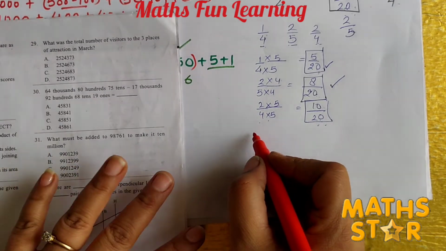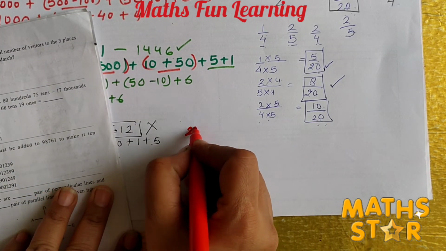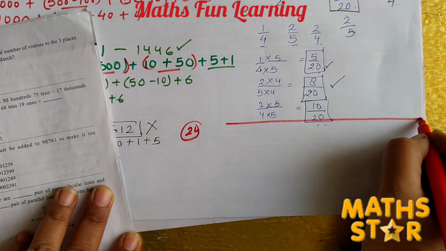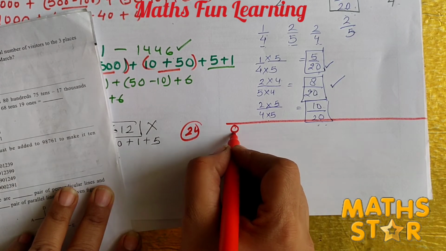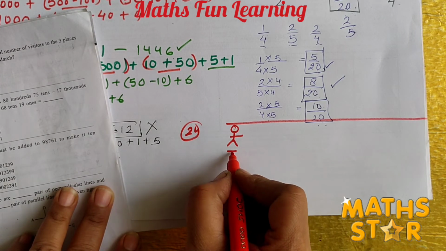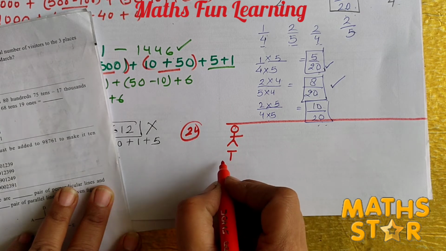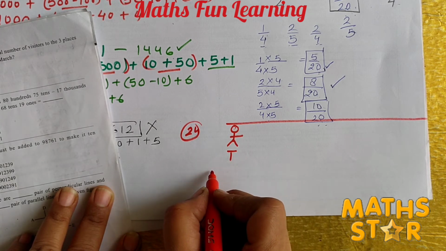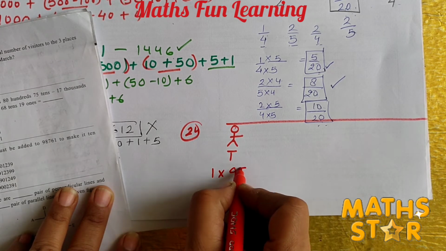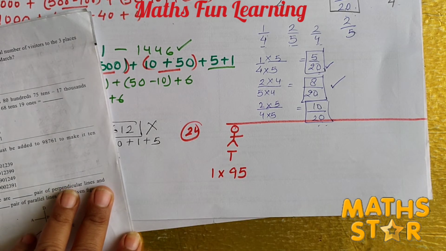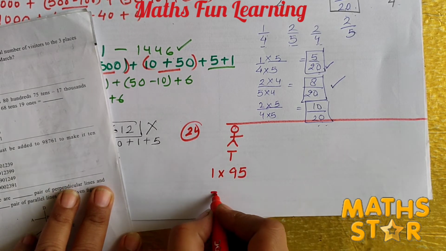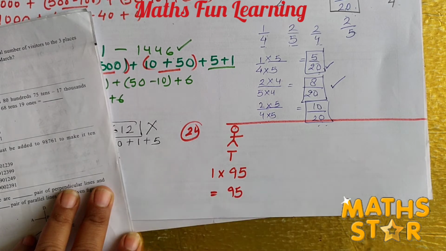The girl Trishika, I'll just write T. She has the first multiple of 95. So just multiply 1 with 95. What's the answer? 95 only.